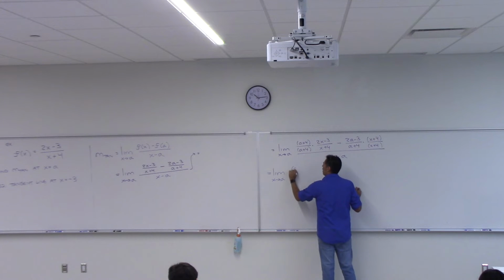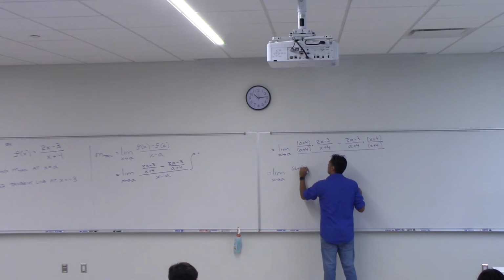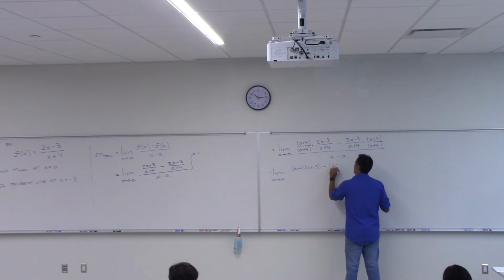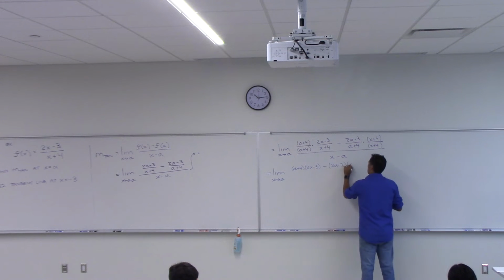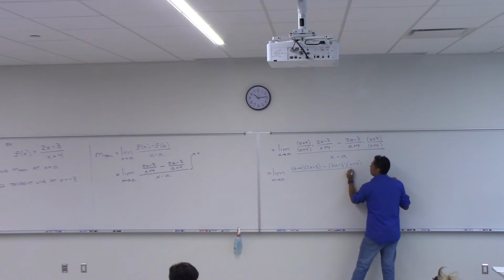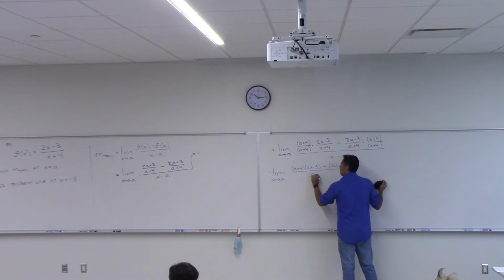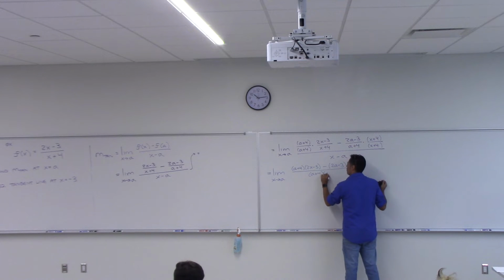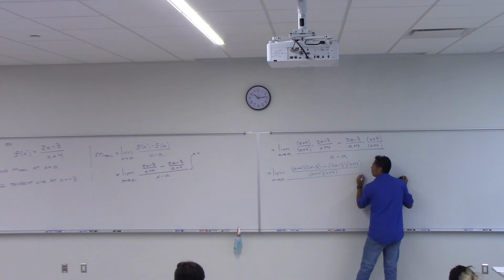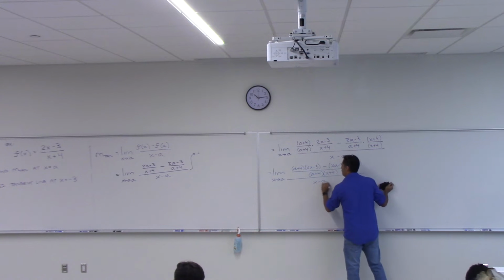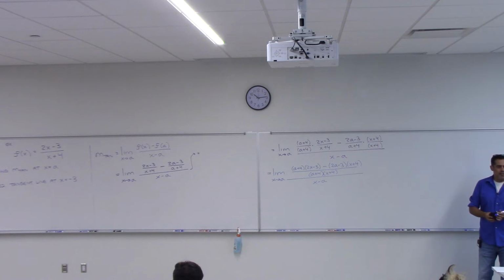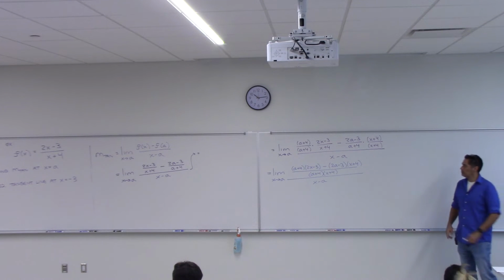So I'll have a plus 4 times 2x minus 3 minus 2a minus 3 times x plus 4 over the common denominator, which is a plus 4 times x plus 4, but then all of that over x minus a. Is that all right that I did that?